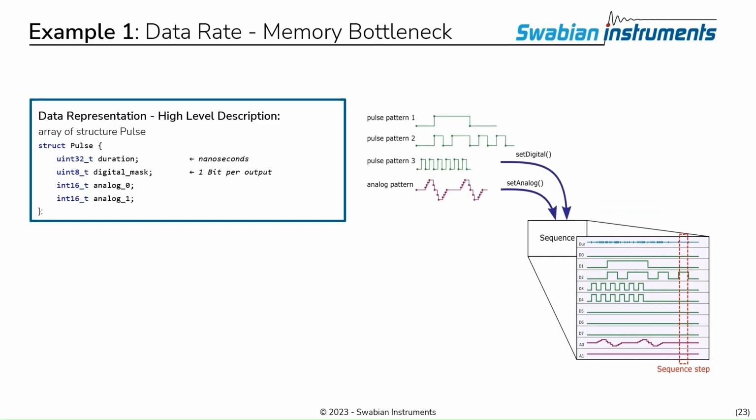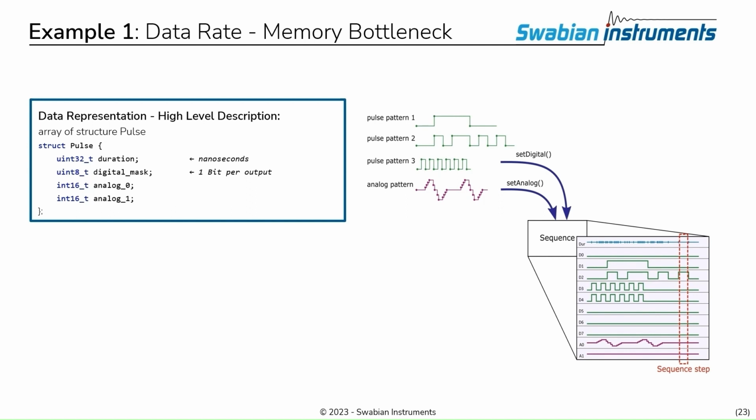To understand the direct link between the data rate through the high-performance ports and the memory bottleneck issue, we have to come back to the representation of the sequence data of the pulse streamer A2. The high-level description of sequence data can be seen as an array of a structure composed of a 32-bit integer value for the duration, an 8-bit mask for the digital channels, if a bit is set, the corresponding channel is high, and two 16-bit values for the analog channels.